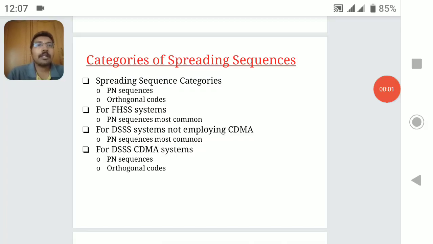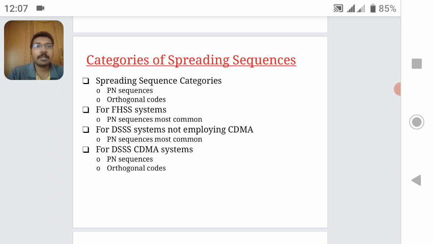Hi, in the spread spectrum communication series, we are going to see about the categories of spreading sequence in this third class. Spreading sequence categories are PN sequence and orthogonal codes. For frequency hopping spread spectrum systems, PN sequence is the most commonly used one.